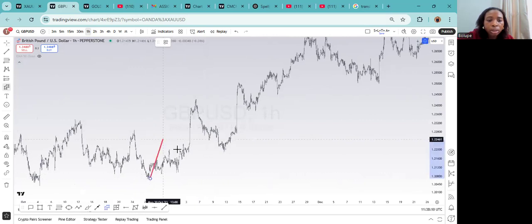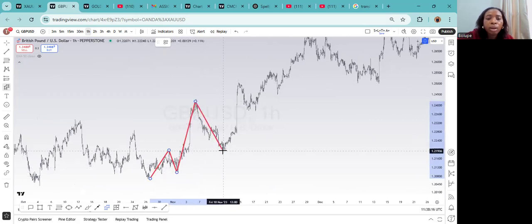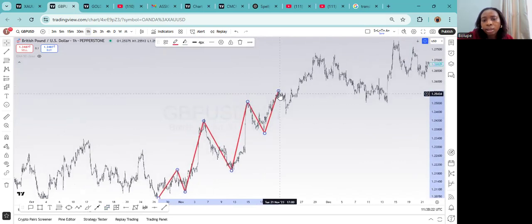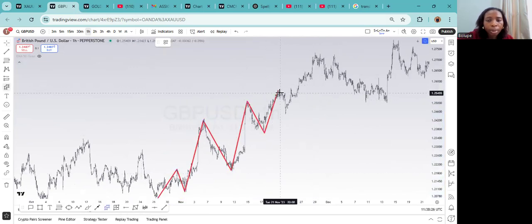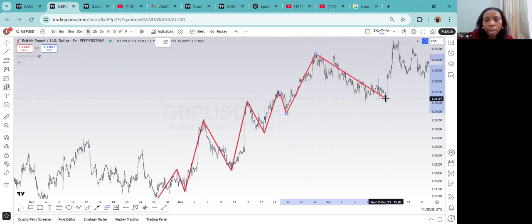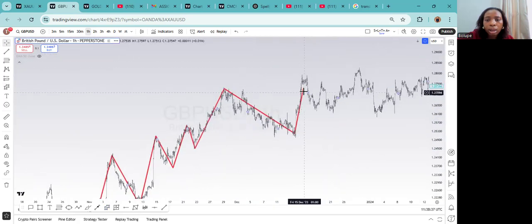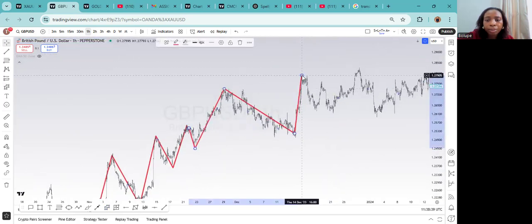So this is a higher low, higher high, higher low, higher high, higher low, higher high, higher low. I mean, we have inside, but higher high, higher low, higher high.